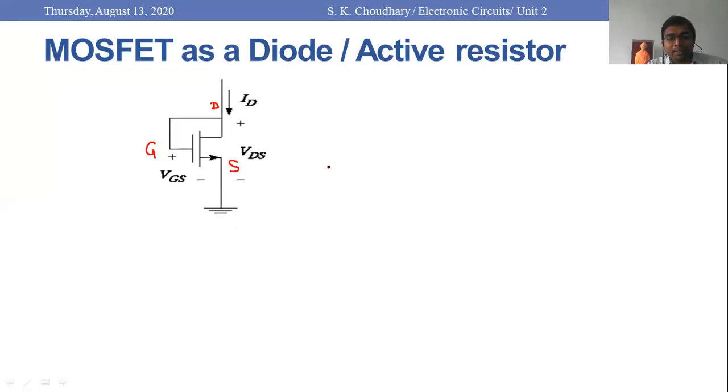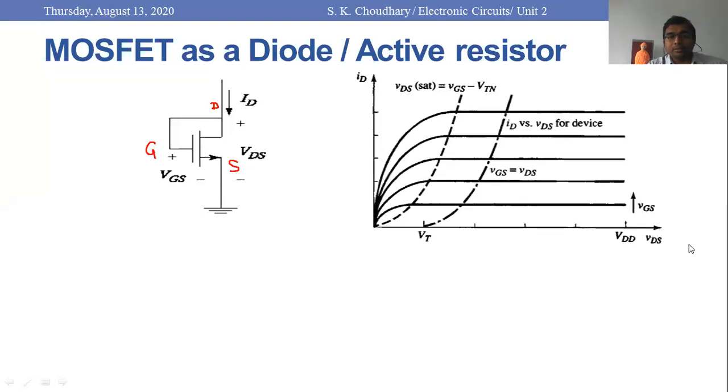If you remember the operation of the MOSFET, there is a formation of PN junction between substrate and drain, and between substrate and source. But when you short the gate terminal with the drain, you can consider it as a diode.